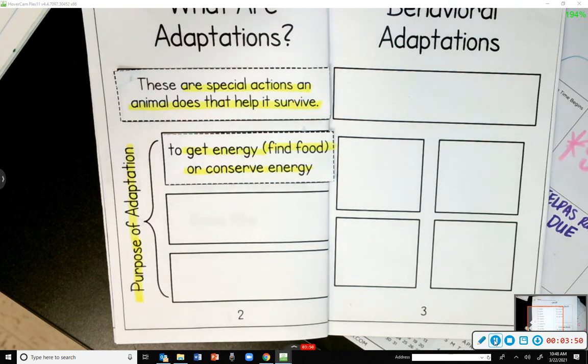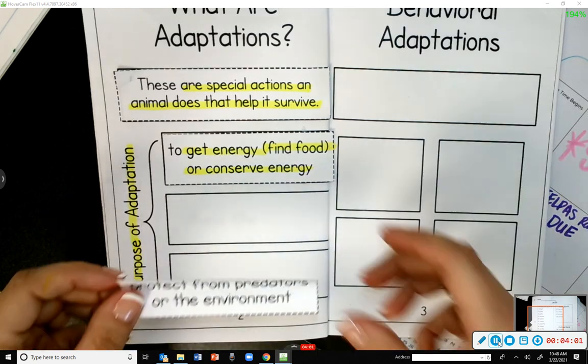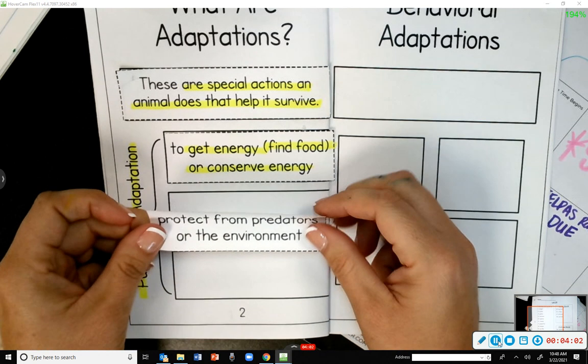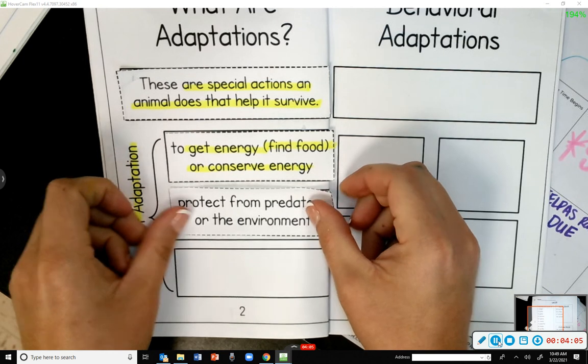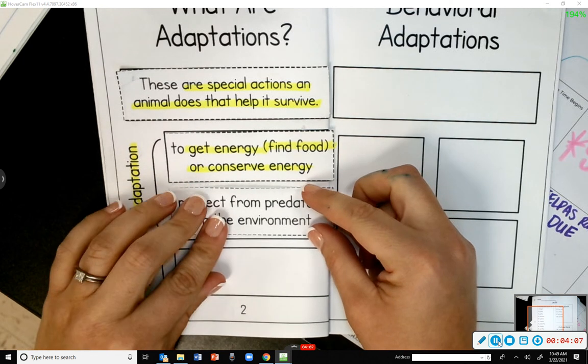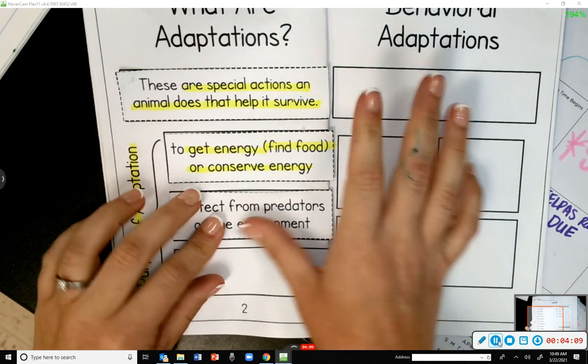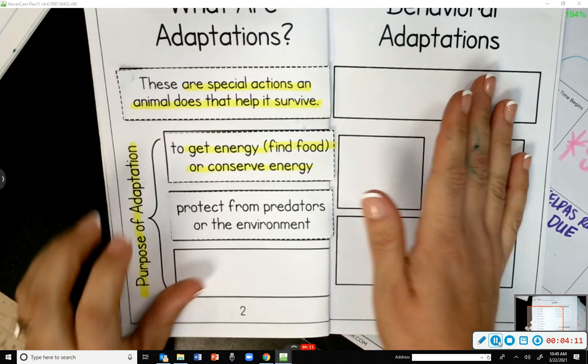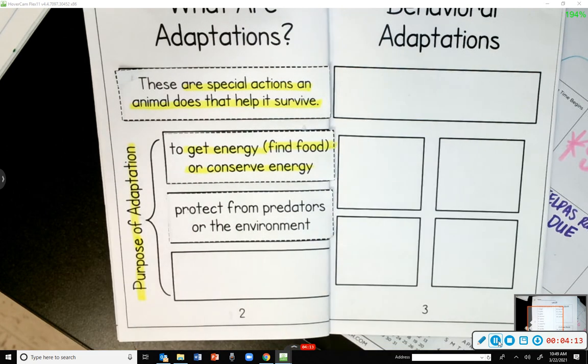Okay, another reason animals have to adapt is to protect from predators or the environment. So the second box, to protect from predators or the environment, meaning if I'm a bird and I fly south, I'm protecting myself from the environment because it's too cold if I stay where I'm at, so I migrate.